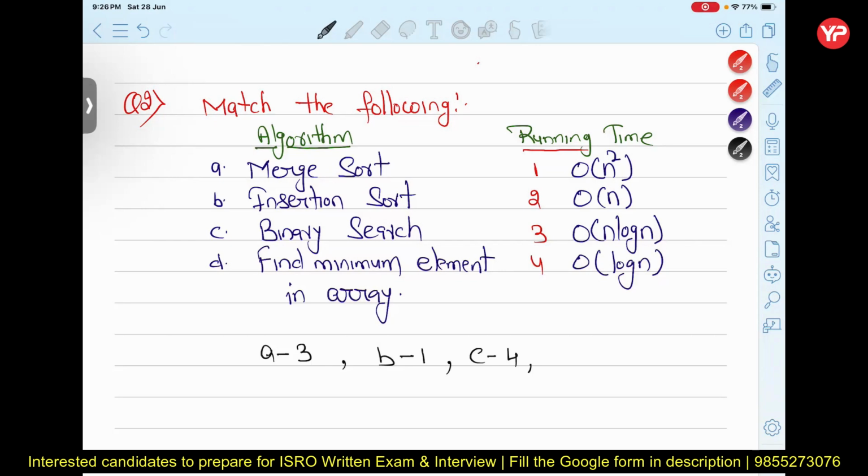And finding the minimum element in an array takes order of n time, so D is 2. That is the right sequence of the match: merge sort n log n, insertion sort n square, binary search log n, and minimum element in array order of n.